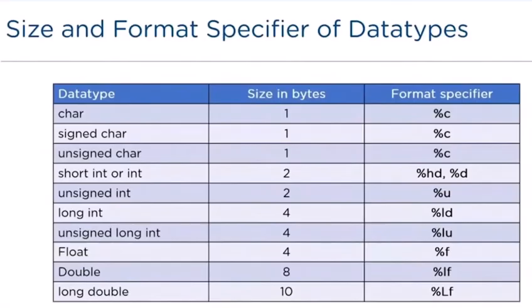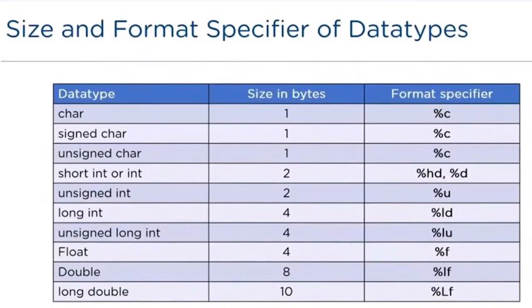Size and format specifiers of data types. Char, signed char, unsigned char are the data types. Size of those is 1 byte. Format specifier is %c. Short int, size is 2, %hd. Unsigned int, size is 2, %u.